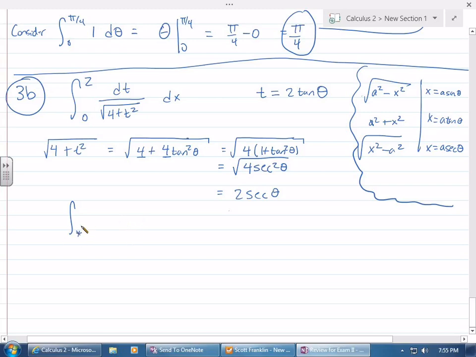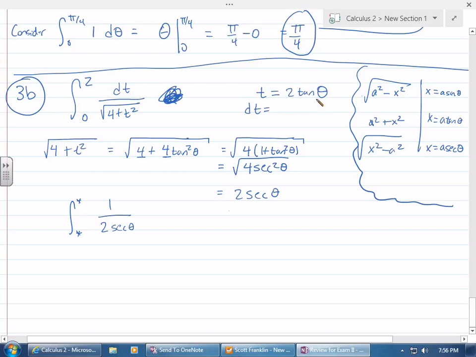I'm going to put a placeholder there, of 1 over 2 secant theta. And then what's d theta? Maybe that's where I was having a problem. This dt up here, you've got to change it to stuff in terms of d theta.